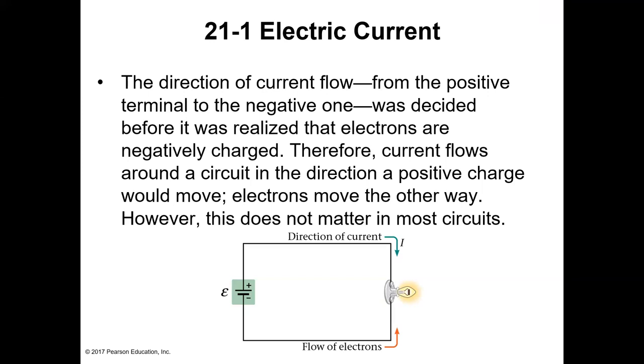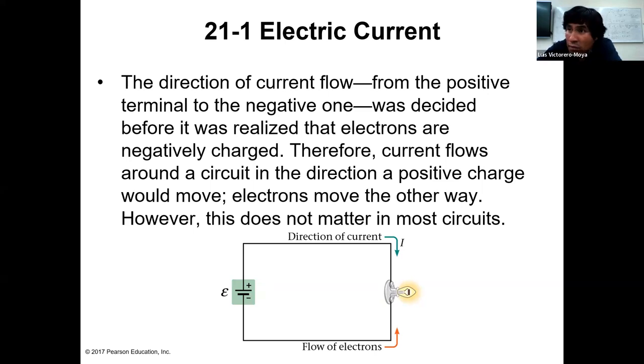However, after we deciphered the atom, understanding the composition of the atom, more specifically the nucleus, and realizing that protons are heavier than electrons, and as I explained the first day of class, you actually have transfer of electrons, right? Then we realized that current is due to the flow of electrons.